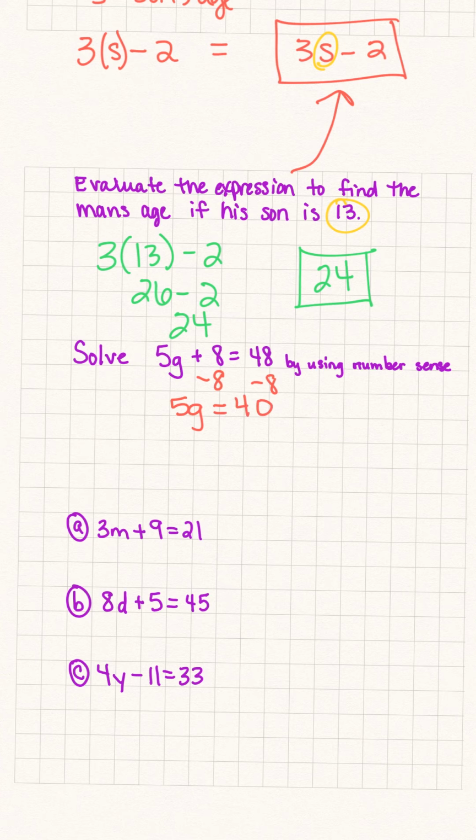We want g to be by itself. So our next step is to do the opposite of what currently is being done. So 5 times g, the opposite of multiplying is dividing. So we're going to divide this side by 5. If we do it to that side, we have to do it to this side. g equals 8.